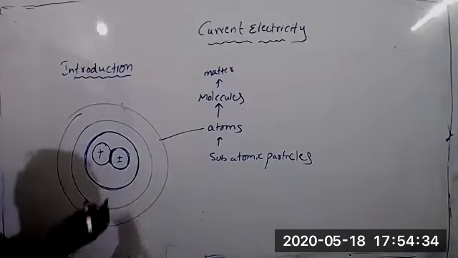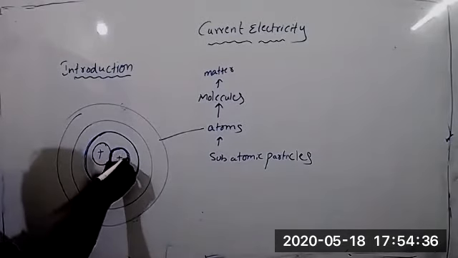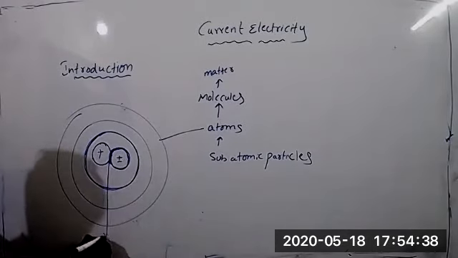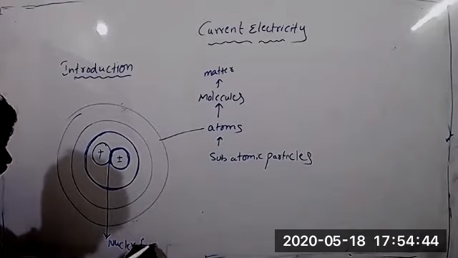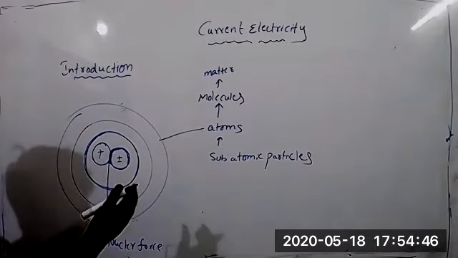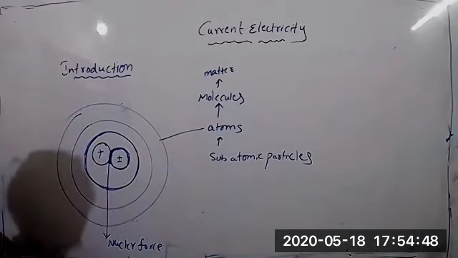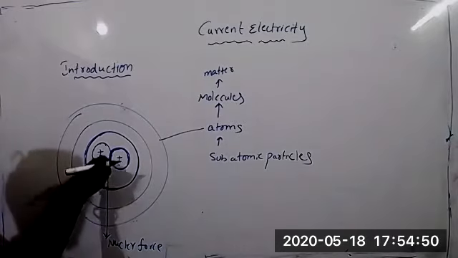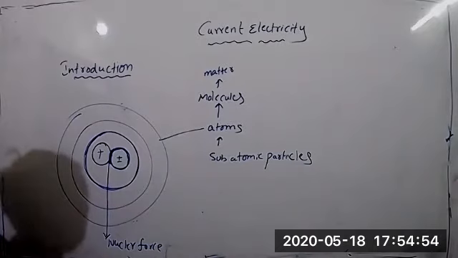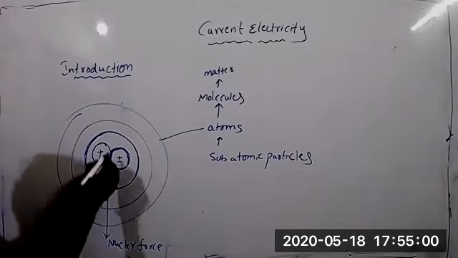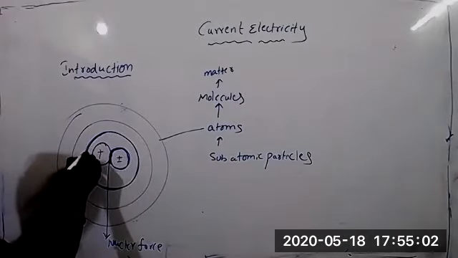Protons and neutrons. Between the proton and neutron, there is a very strong force, the nuclear force, the strongest force in the universe. How strong? We can't even separate proton and neutron. That is the reason we know that protons cannot move. And it is called our nucleus.